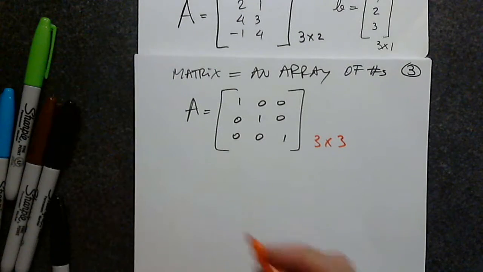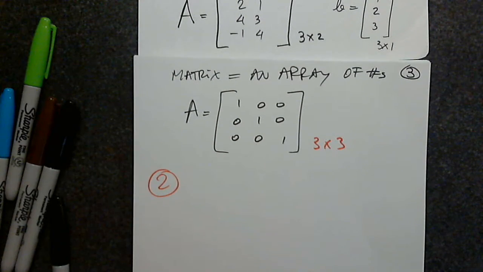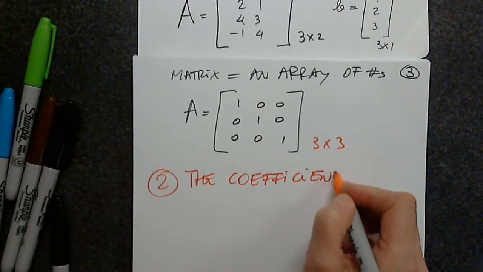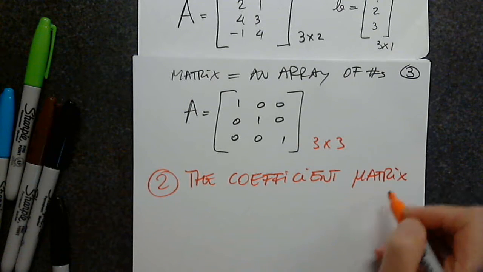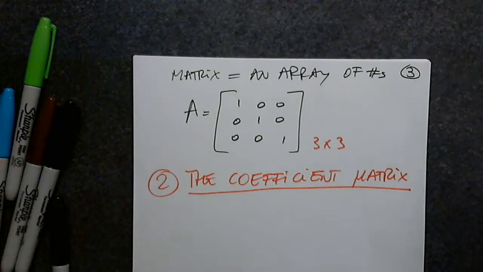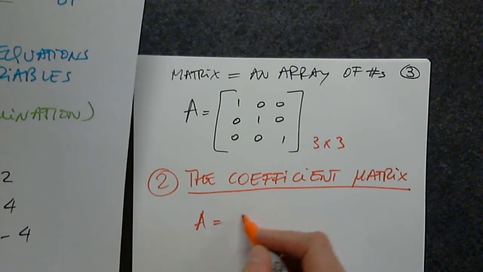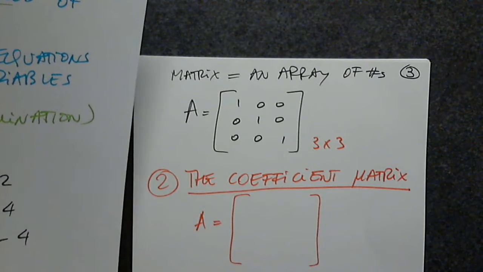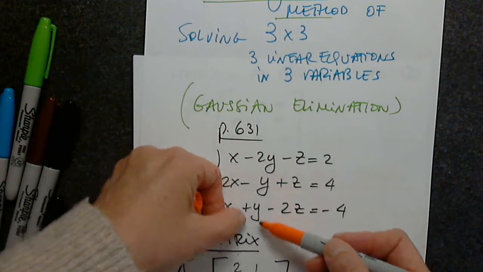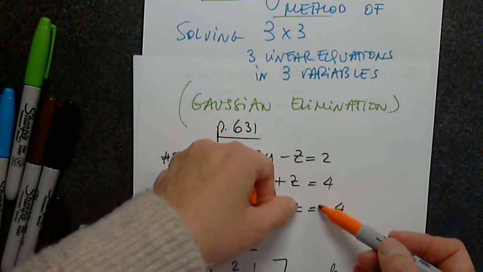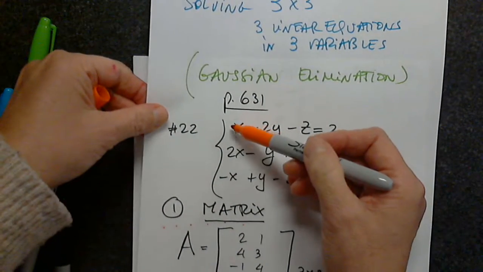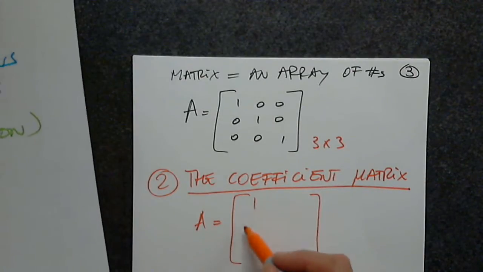Step number 2. The coefficient matrix. Okay, what is that? We go back now to our system. We will denote this by A. And we'll make sure that x is below x, y below y, z below z, equal symbol below the equal symbol, and the free term below the free term, which is the case here. And then I copy the coefficients 1, 2, negative 1.